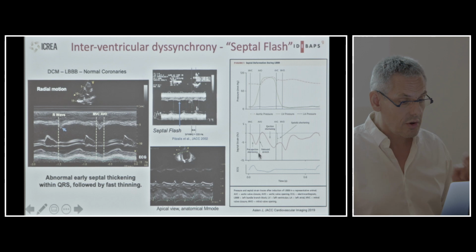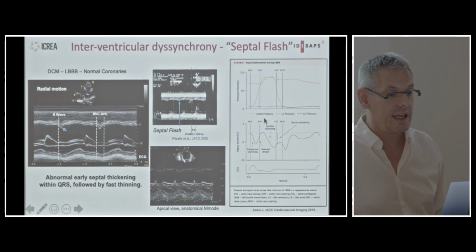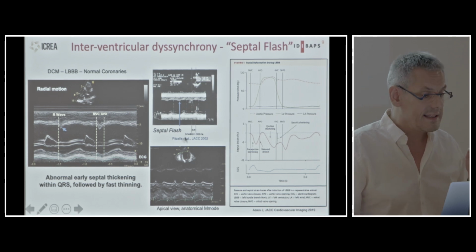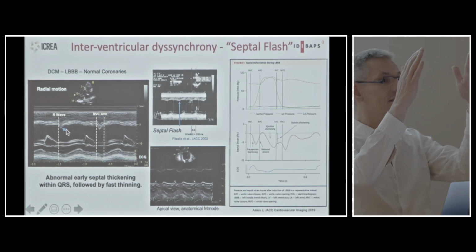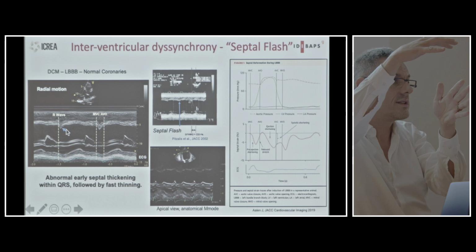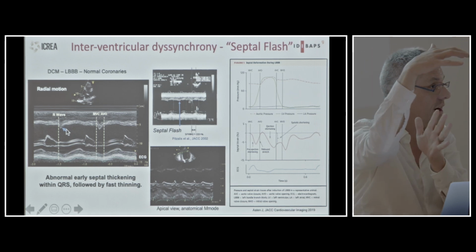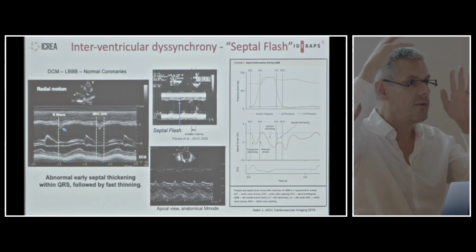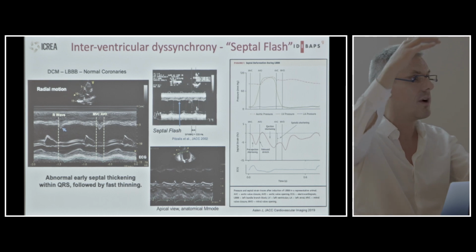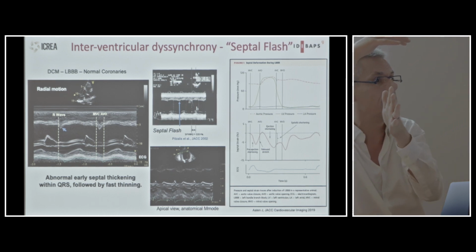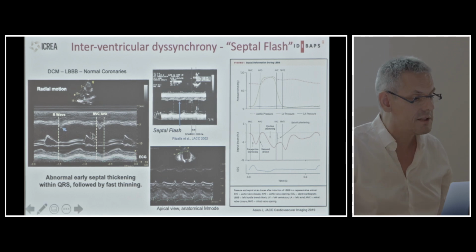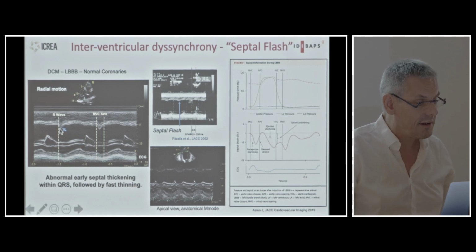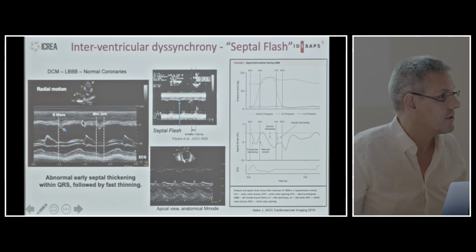Now, what is also important, and it's partially shown here in this figure, is that this is actually a gradual process, because it depends on when the lateral wall starts to contract with regards to when the septum contracts. So if you have a really full left bundle branch block, the septum can fully move inwards before the lateral wall starts to move outwards, and you really have this pattern where you have the septal flash and then the septum moving outwards.